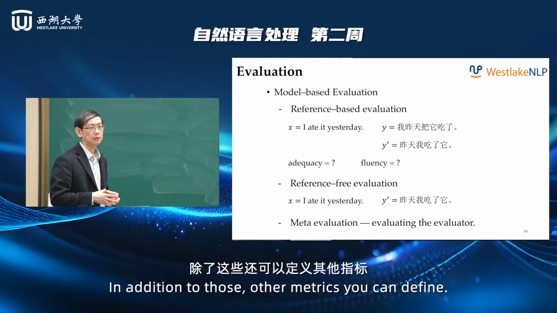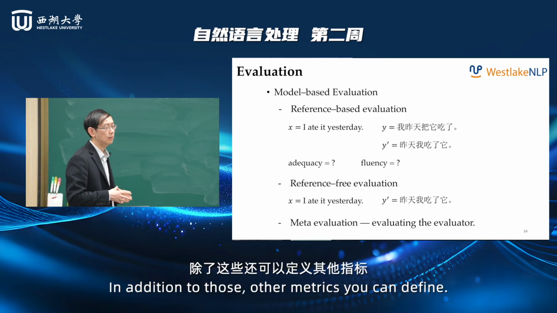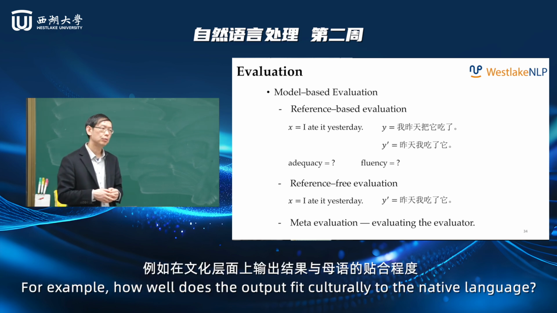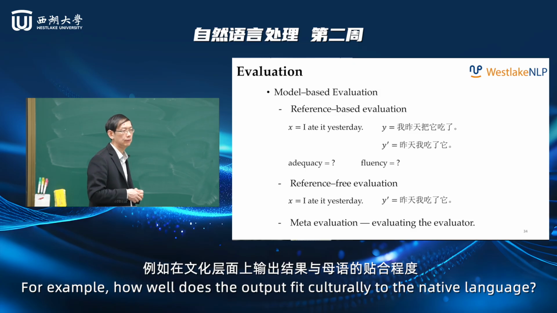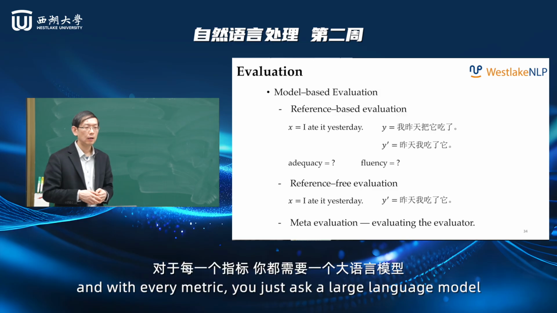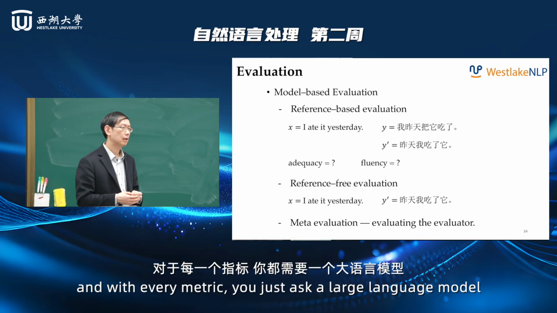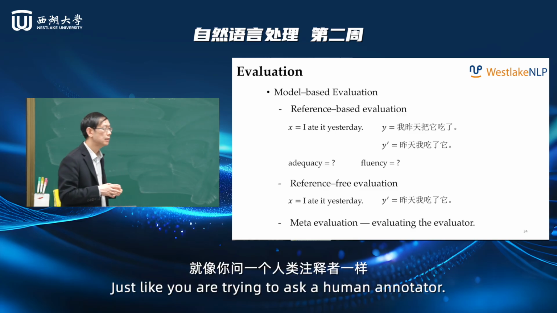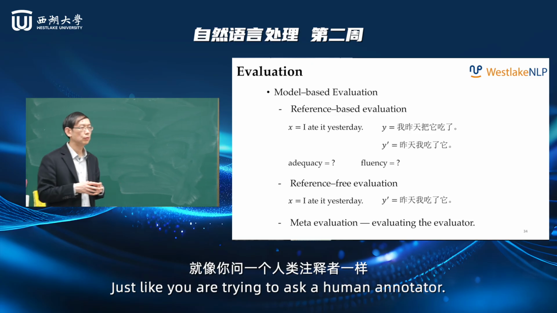In addition to those, there are of course other metrics you can define. For example, how well does the output fit culturally to the native language. So you can define a lot of metrics. And with every metric, you just ask a large language model, try to score this from 1 to 5, for example. Just like you're trying to ask a human annotator.